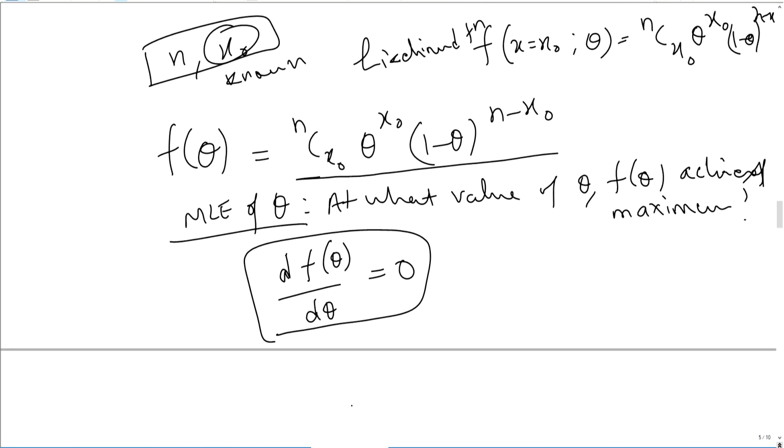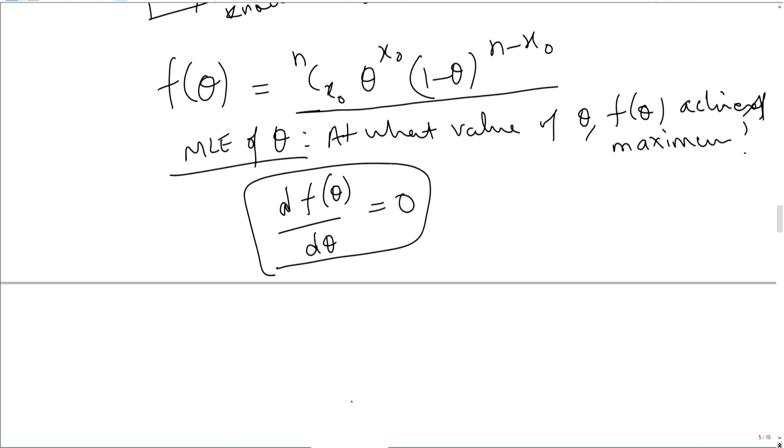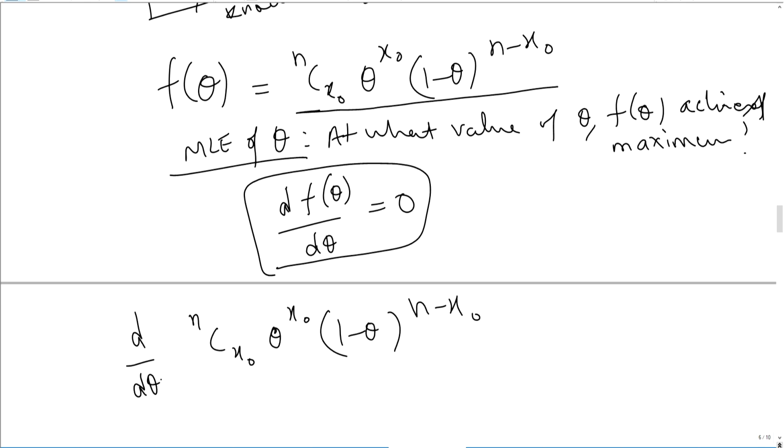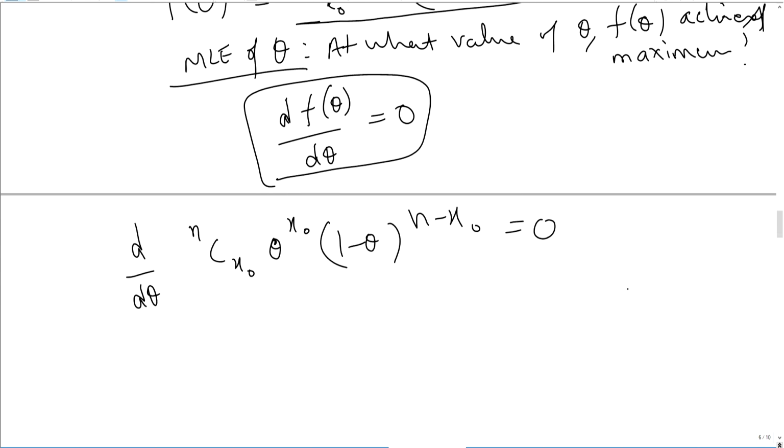Let us calculate the derivative of the function n choose x naught, theta to the power x naught, 1 minus theta to the power n minus x naught with respect to theta, and set it equal to 0.